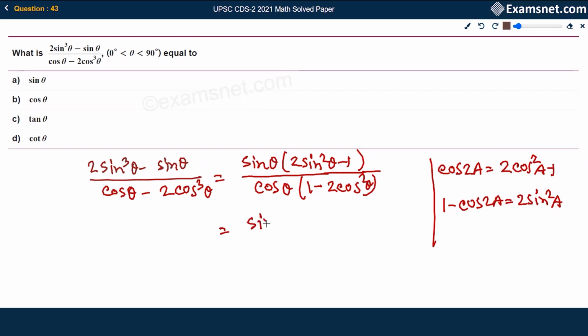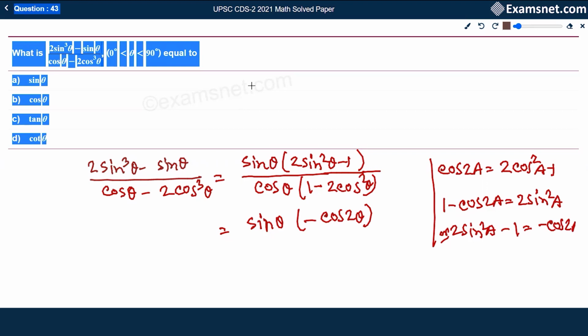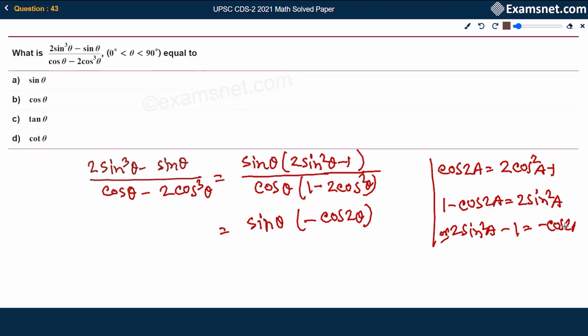So it will give us sine theta into minus cos 2 theta, because 2 sine square a minus 1 will give us minus cos 2a, by cos theta.